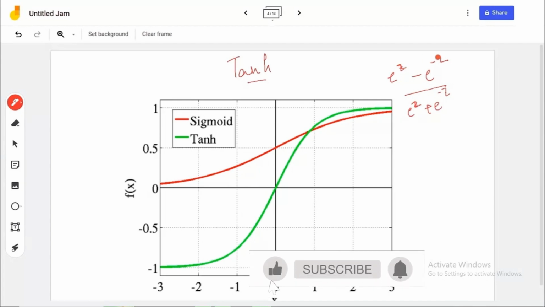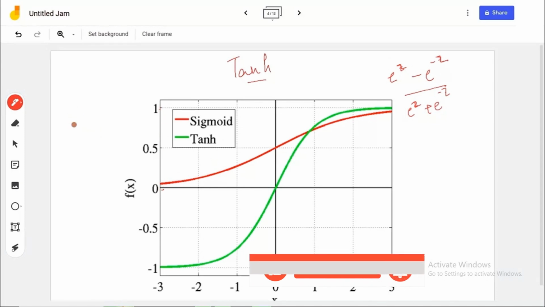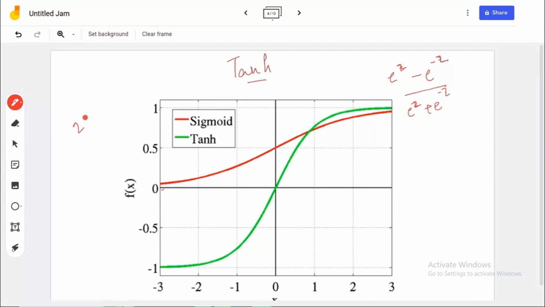So why use the tanh function? Like I mentioned, sigmoid lies between 0 to 1. So for any values where you have negative numbers, suppose z is negative, it will not give a very good negative impact to that. So you have the tanh function which lies between -1 to 1, and this is the equation of a tanh function.